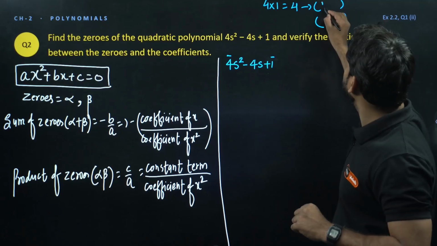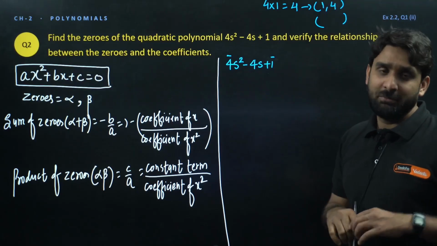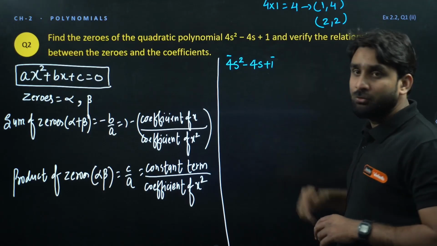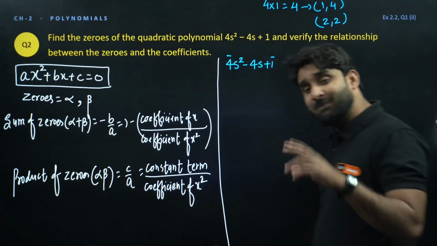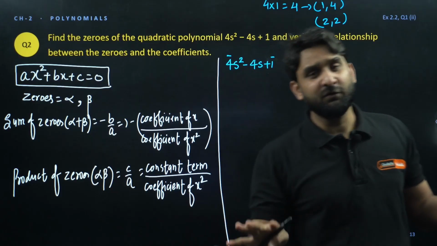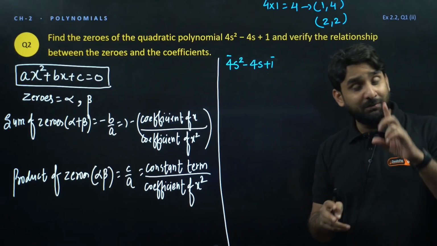The first pair will be 1 and 4 itself, because 4 into 1 is 4, and the second pair will be 2 into 2, which is 4. So we have two possibilities.